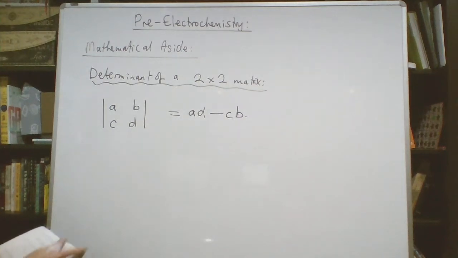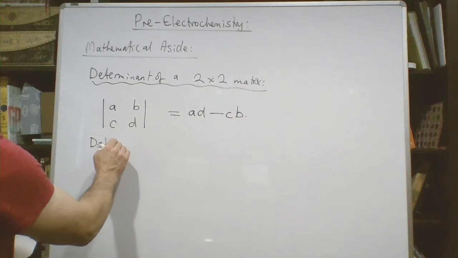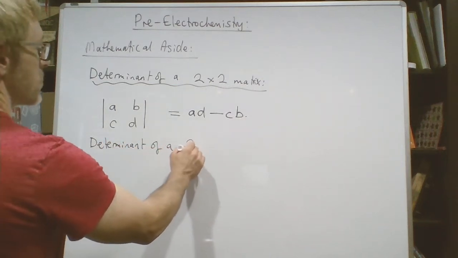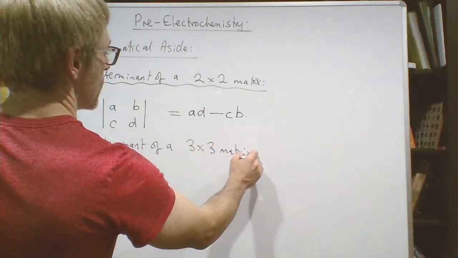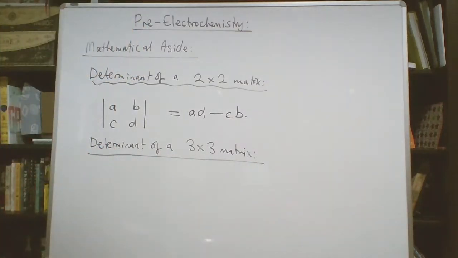Okay, so that's straightforward. How about the determinant of a 3x3 matrix? These are the only two types of determinant we'll need in electrochem, at least at this level and in these videos.